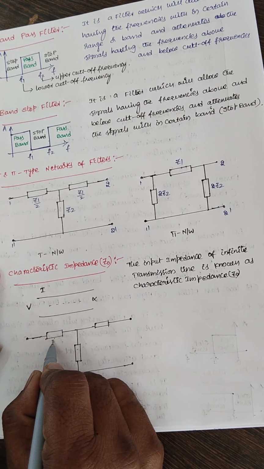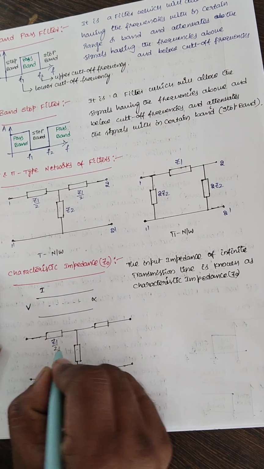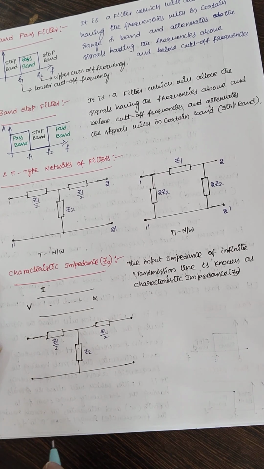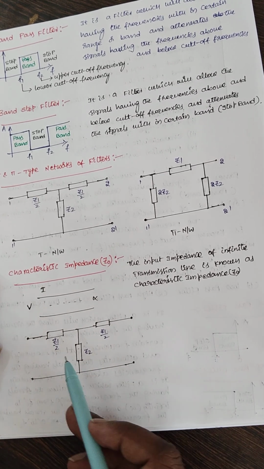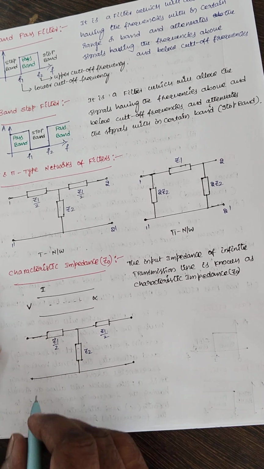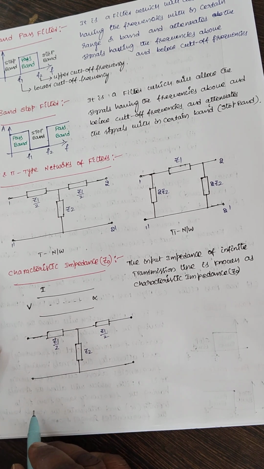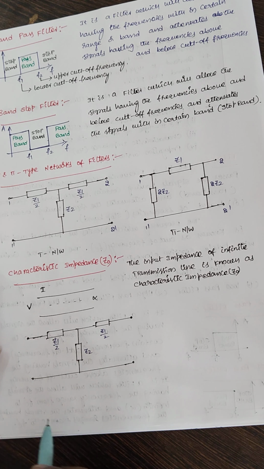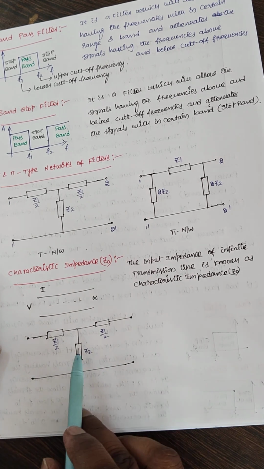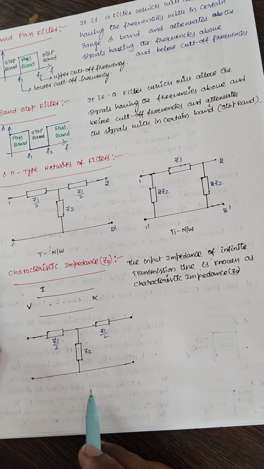We know that it is Z1 by 2, Z1 by 2, and Z2. What are Z1 and Z2? We know that these are the impedances. Next, if you apply supply, current will flow like this. And the input impedance of an infinite transmission line is nothing but the characteristic impedance.